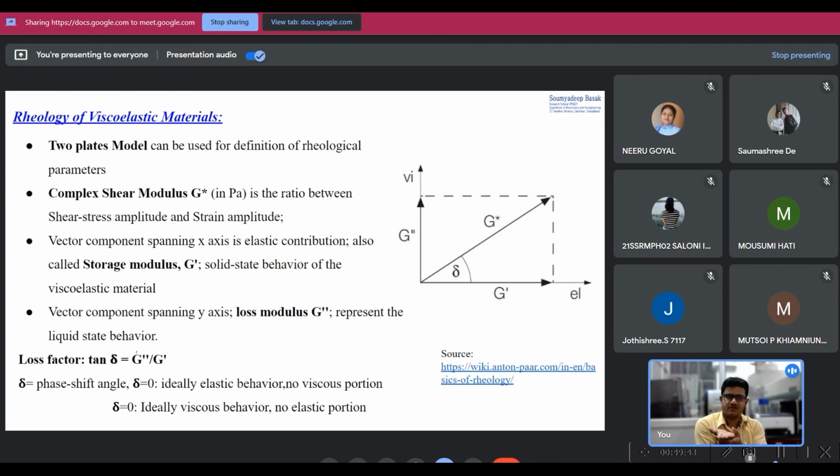This phase shift is a shift in the sine waves depending upon the property of the material. If it is a really elastic material like a metal, that kind of material will transfer this movement really efficiently, and there is almost no lag, so delta is almost zero.